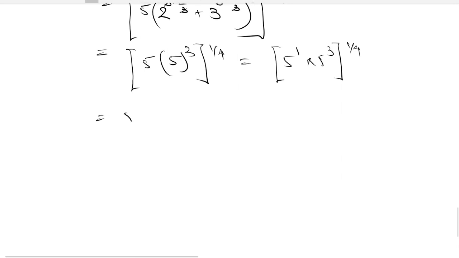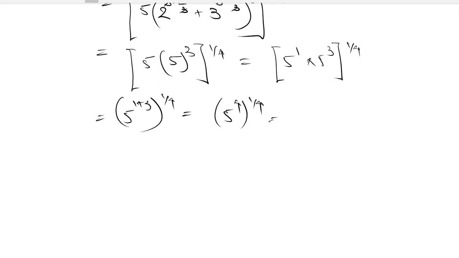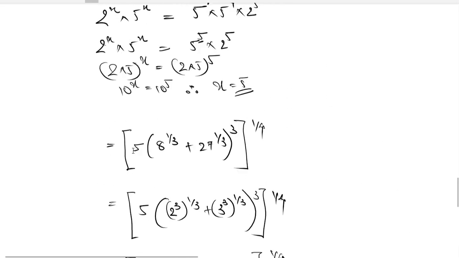So this will be 5 raised to 1 plus 3, the whole raised to 1 by 4. 5 raised to 4, the whole raised to 1 by 4. 5 raised to 4 into 1 by 4, that is 5 raised to 1, which is 5. That's the final answer. So our answer is correct. The method is perfect.